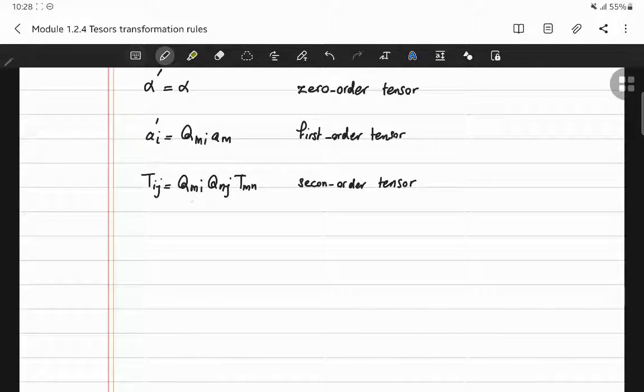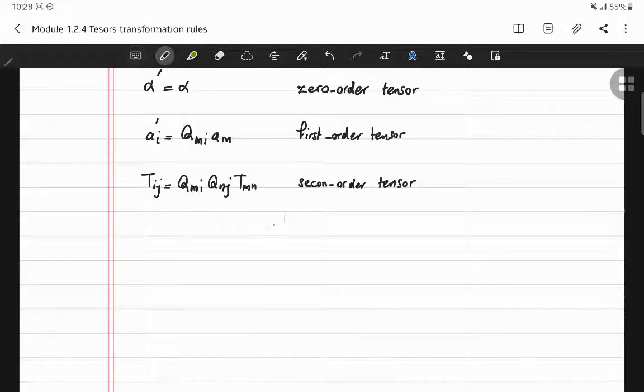So we have Q transpose times T times Q. This was first written as Q_im T_mn Q_nj, but this is the transpose, so this is written as Q_mi. This is something we already mentioned.